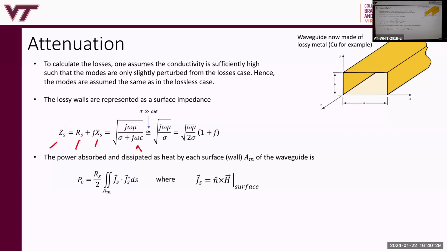So for sufficient conductivity, I don't know if you remember, but last semester we said that when sigma is much, much greater than omega epsilon, what does that imply? We have two kinds of currents.